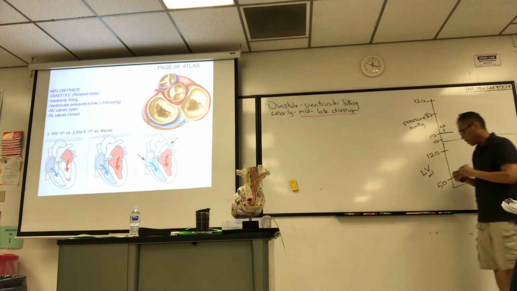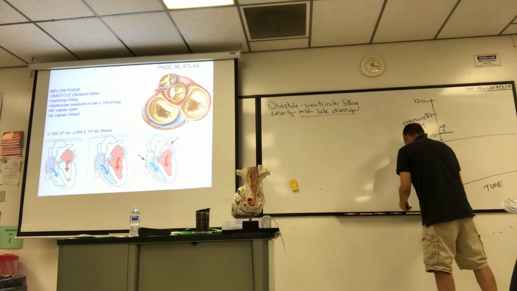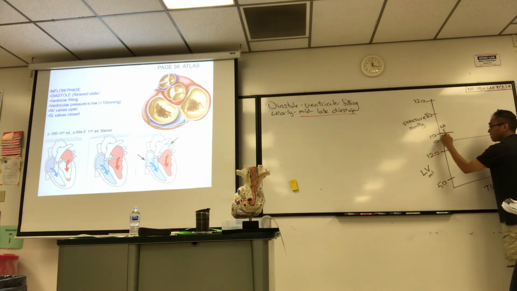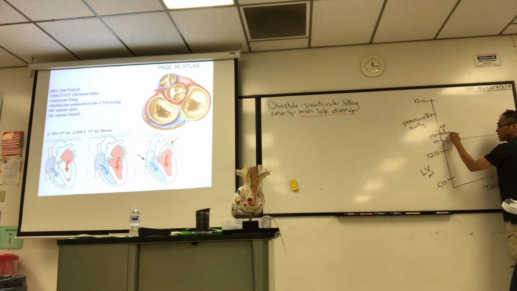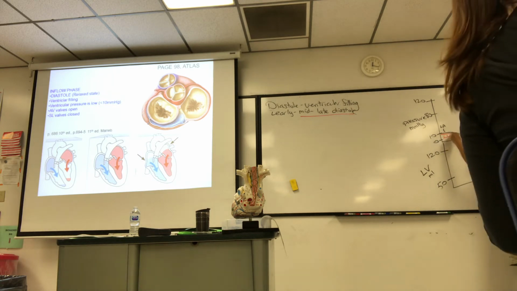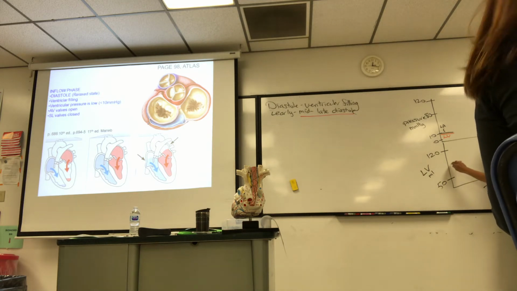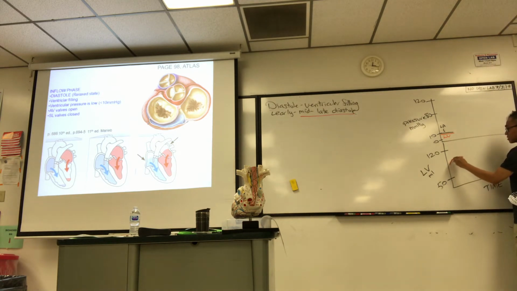If blood is going to flow into the left ventricle, the left ventricle pressure, I'll use the orange line, let's say that's LV pressure, it's lower, so that it can receive blood. Okay, that's my first point: LV pressure is less than LA pressure. And usually when it fills, you just start to fill, you're just filling the heart with blood.